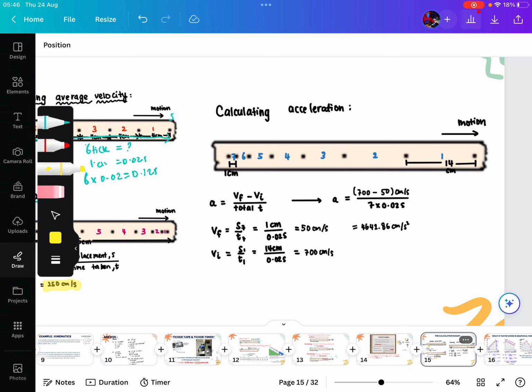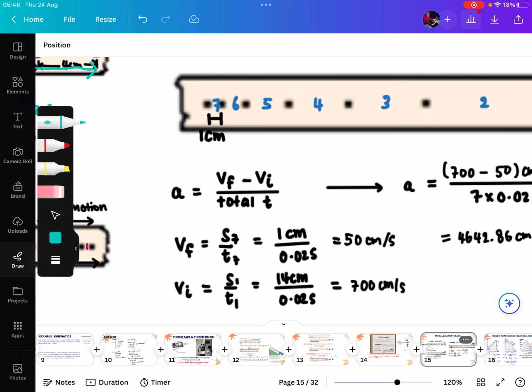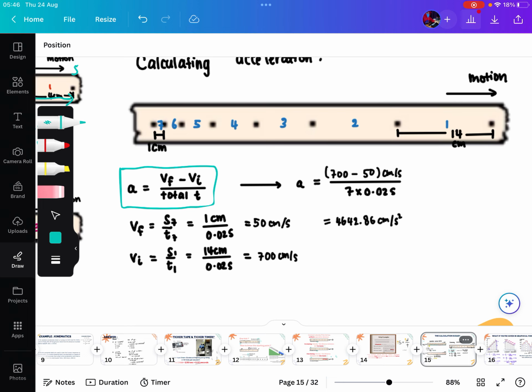When you have acceleration, it is the change of velocity over time, right? It is similar, you just apply the formula: A equals V final minus V initial over total time. First I want to calculate the V final.